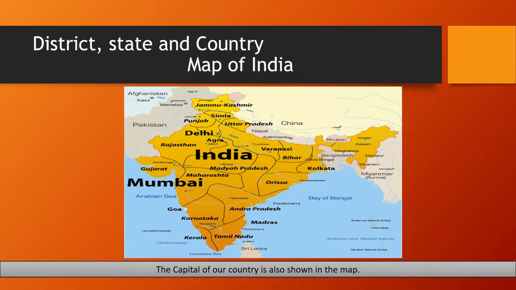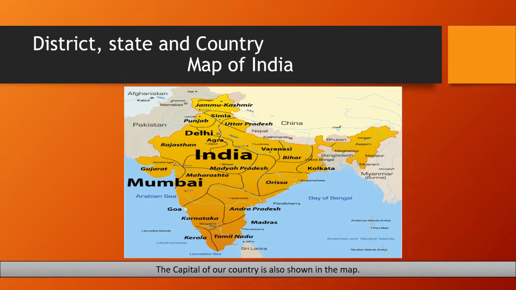You can also see other states in this map. On the top, that is on the north, you can see Jammu Kashmir, Shimla, Punjab, Uttar Pradesh, Delhi, Agra. And on the south, you can see Kerala, Tamil Nadu, Madras, Andhra Pradesh, Karnataka, Goa.